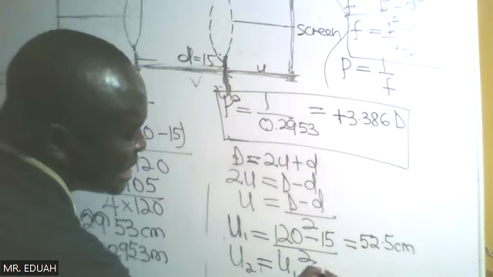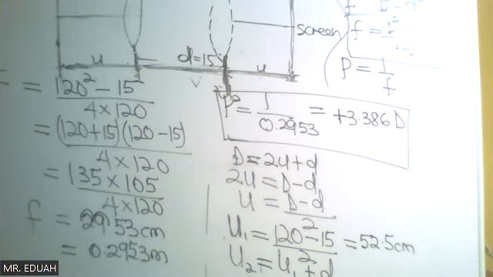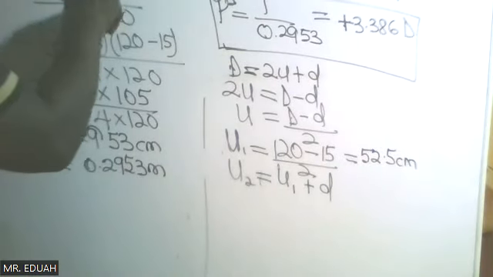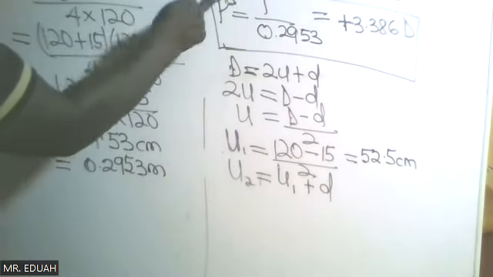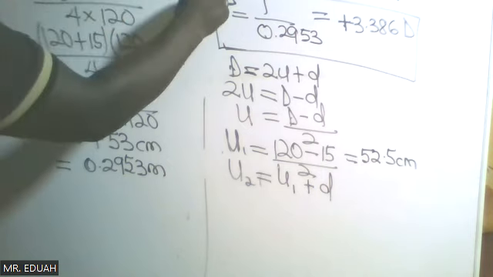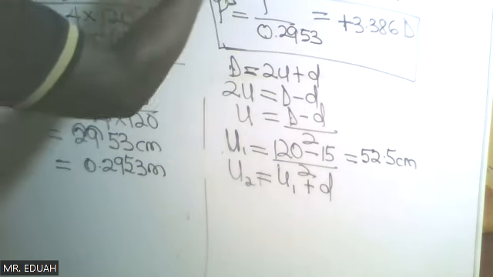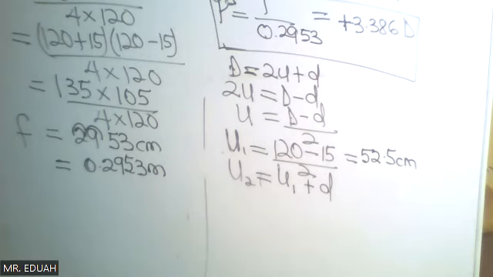Because I'm given the displacement, adding it to the first position will give me the second position where a clear image will be formed.